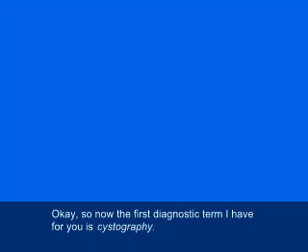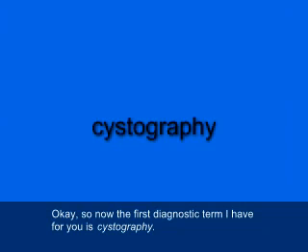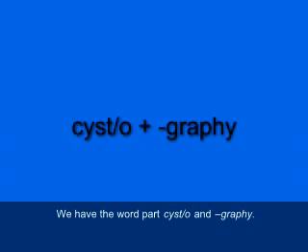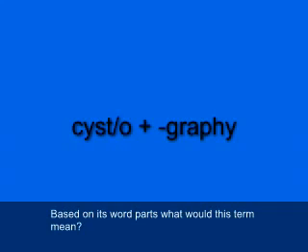Okay, so now the first diagnostic term I have for you is cystography. We have the word parts cysto and graphy. Based on its word parts, what would this term mean?